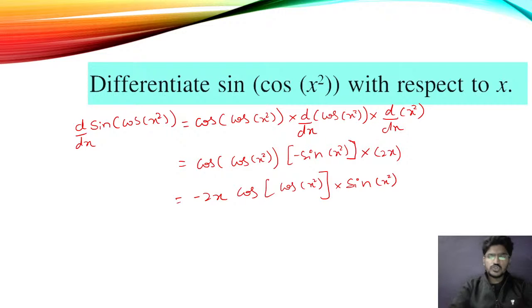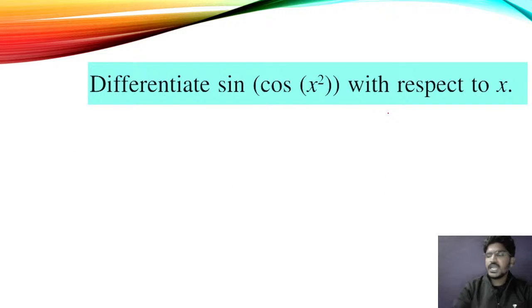So let us choose one more problem of this kind. I will write it as cos of log of sin x. So first, if you want to simplify d by dx, you have to differentiate cos.